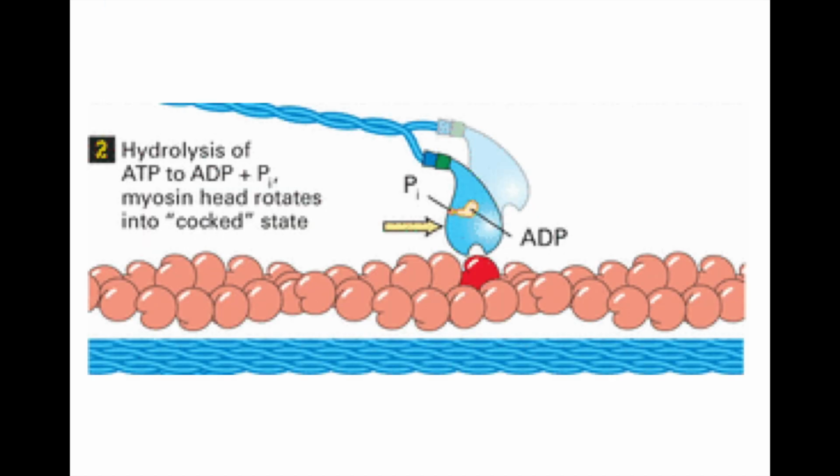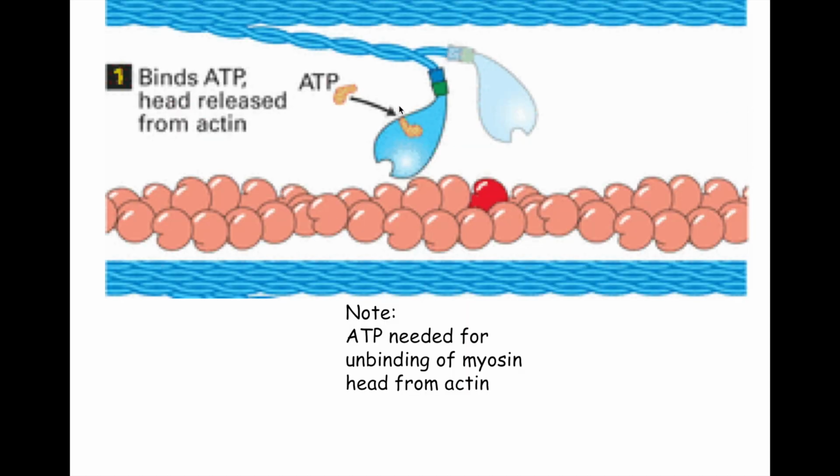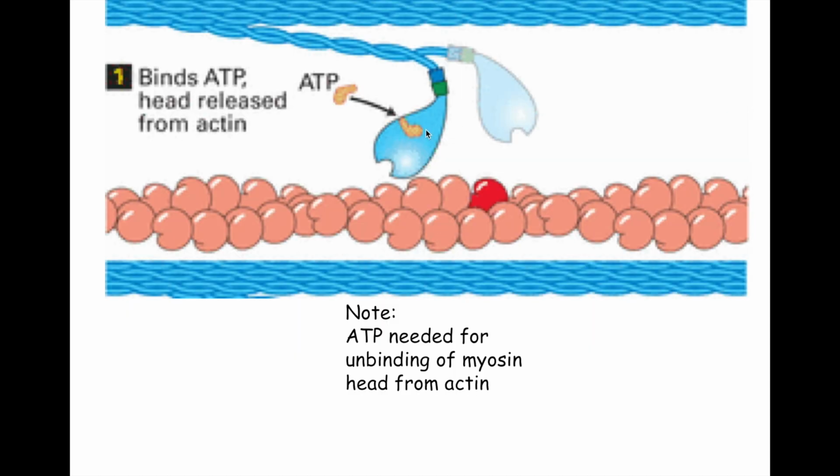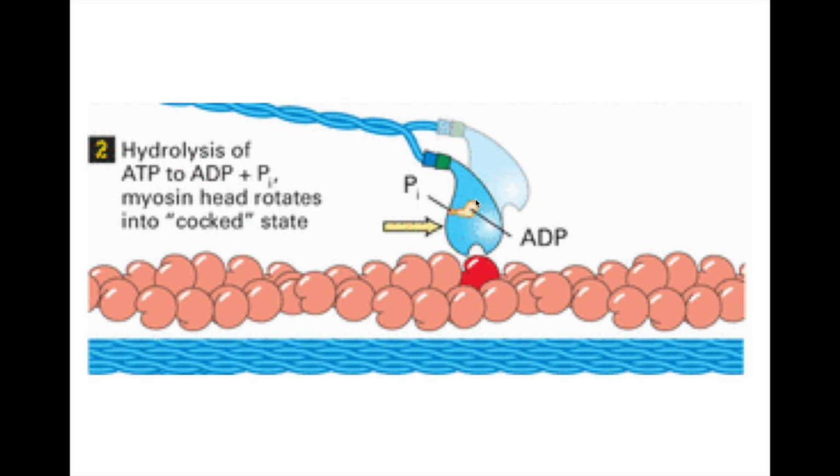So then you're going to have hydrolysis of the ATP that binds to this head. It's going to hydrolyze to ADP and P. ADP and P stay stuck even though they're split. They stay stuck to that myosin head, but the action of ATP splitting to ADP and P causes the myosin head to cock forward, to move forward. So from this position to this position happens after you split that ATP, but again, ADP and P stay bound.